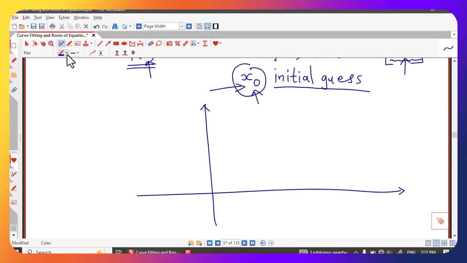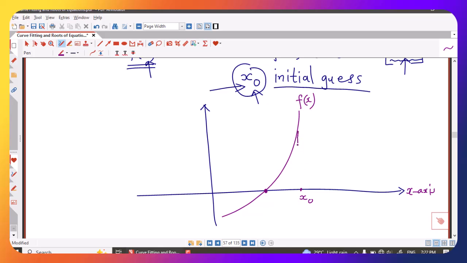For example, suppose this is the graph of a function f(x), and suppose x0 is the initial approximation to this actual root. Suppose this is the actual root of the equation f(x) equal to 0, because at this point the graph of f(x) intersects the x-axis, and we start with this x0.